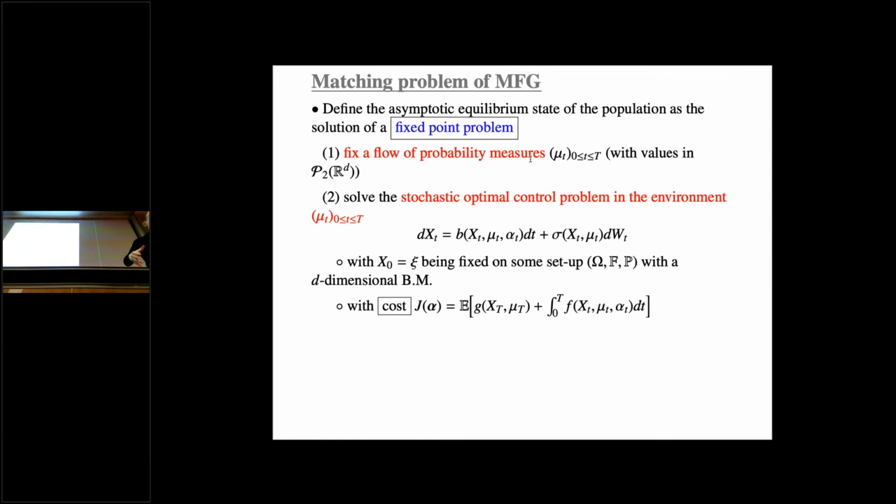This is the population where you are living, and you take one person in this population. In particle systems, we would say this is a tagged particle. And so this tagged particle is solving this equation.